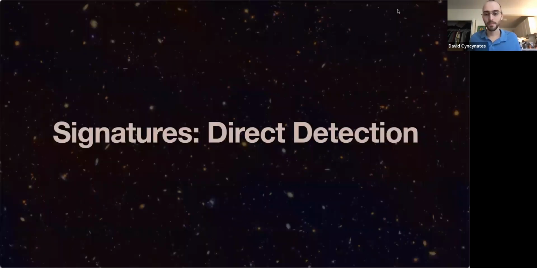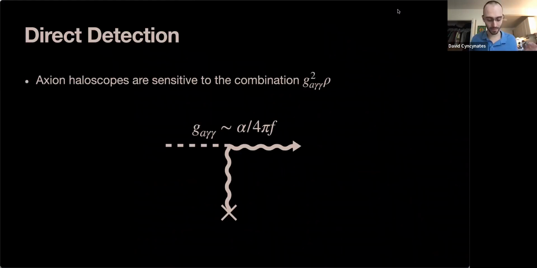So with all that said, now I'll get into the direct detection signatures of friendly axions. And to start off, I'll briefly remind us how we look for cosmologically produced axions. Typically when we're looking for axions, in particular their axion-photon coupling, we build a cold box, fill it with a strong magnetic field, wait for an axion to come in, scatter off of that magnetic field, and produce an outgoing photon.